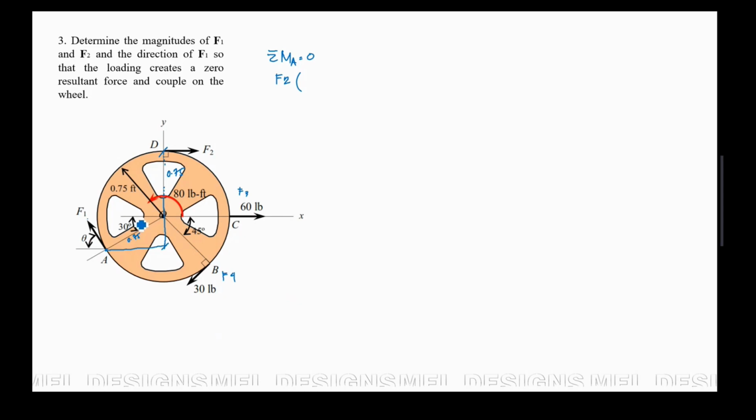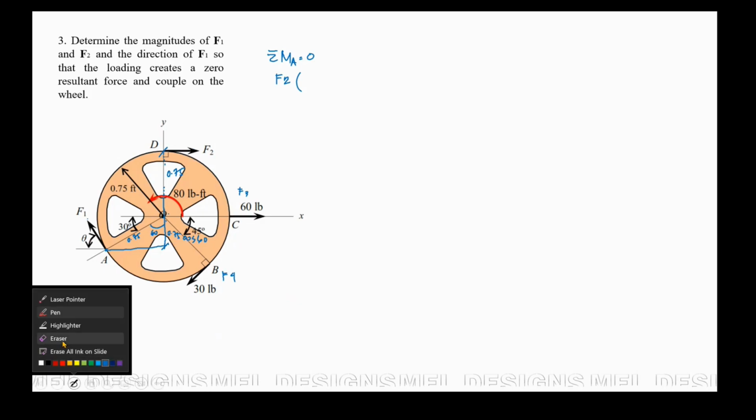Okay. So, kung 30 yan, this is 60. Therefore, this one is 0.75 cosine 60. So, this is 0.75 cosine of 60, this distance. So, we have 0.75 cosine 60 is 0.375.